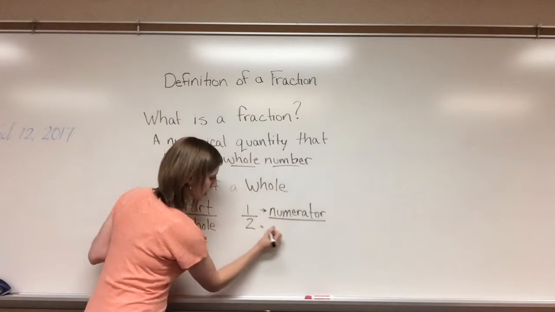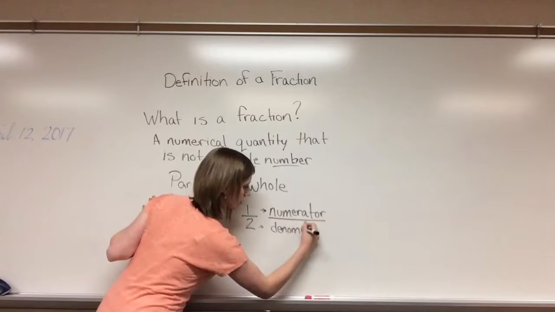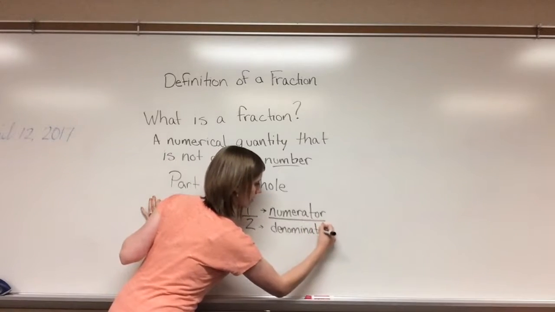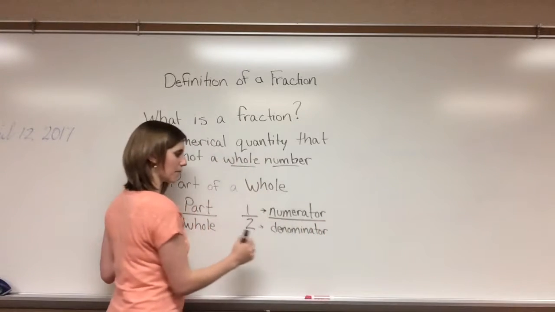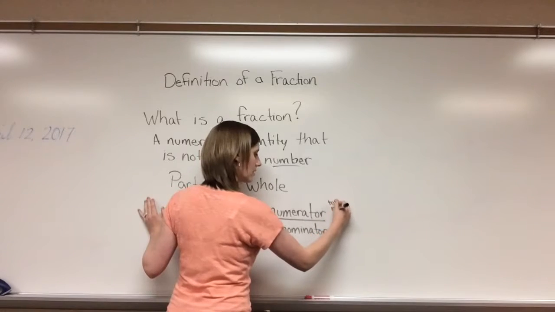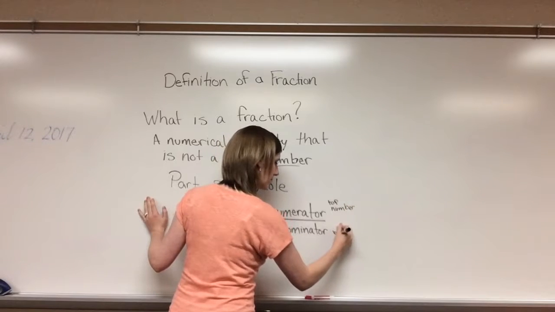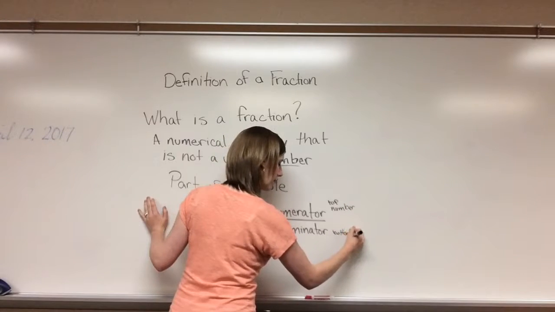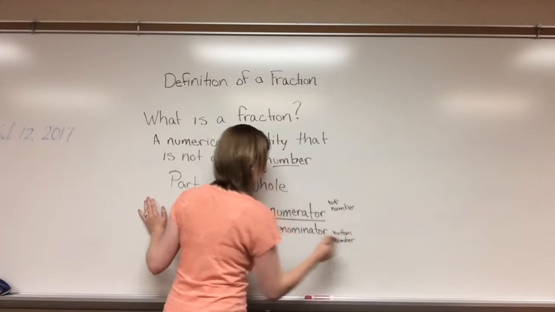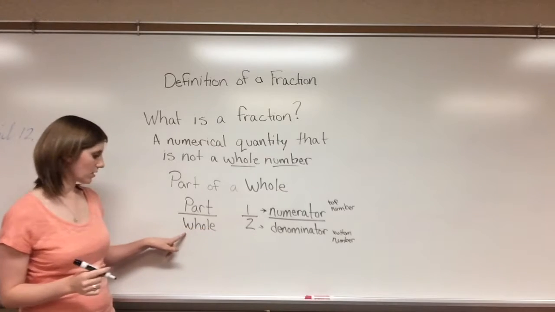The bottom number is called the denominator. So this is the top of the fraction, the top number. Denominator is the bottom number. So the numerator is always the part, the denominator is always the whole.